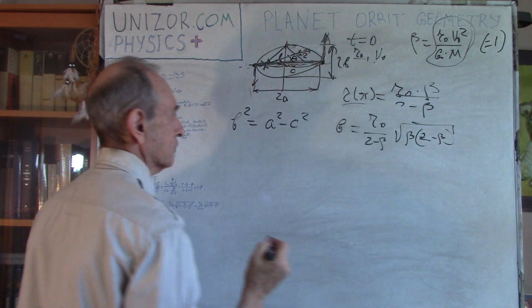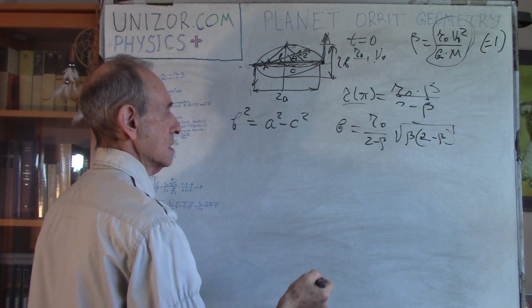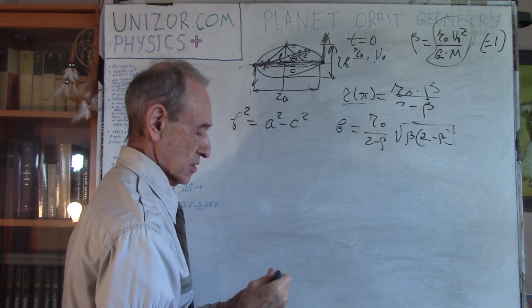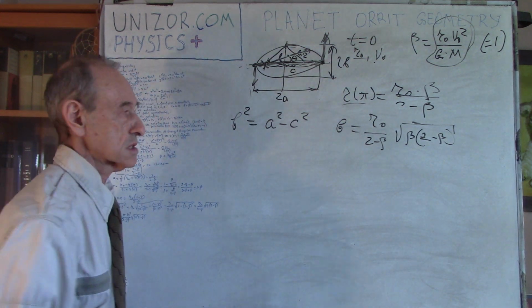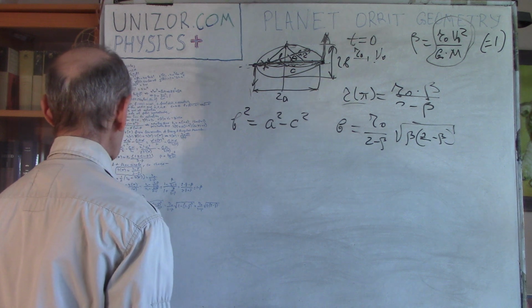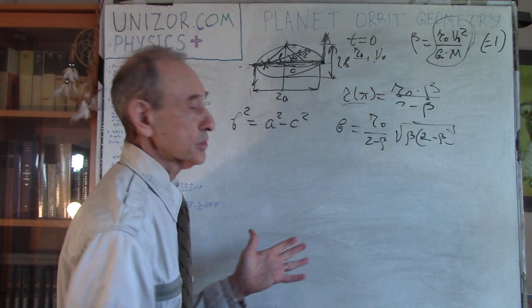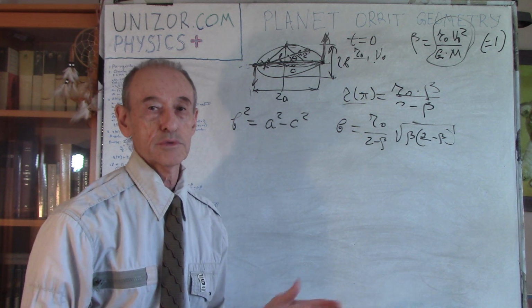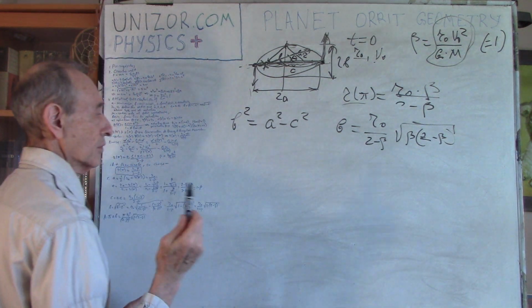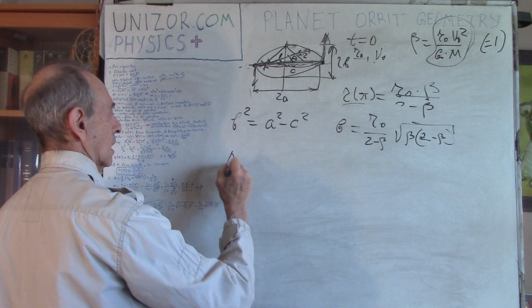So we have formulas for A, B, C, the semi-major, semi-minor, and the eccentricity of this. So basically all the geometry we have found, which is fine. Now the only thing I would like to add is area.